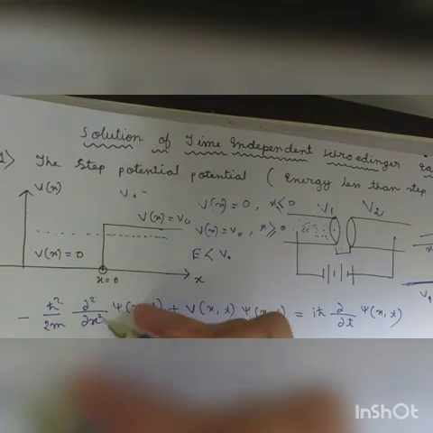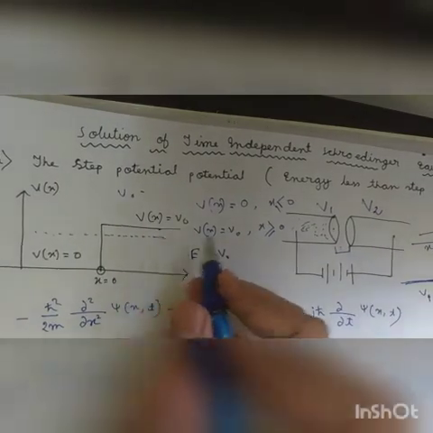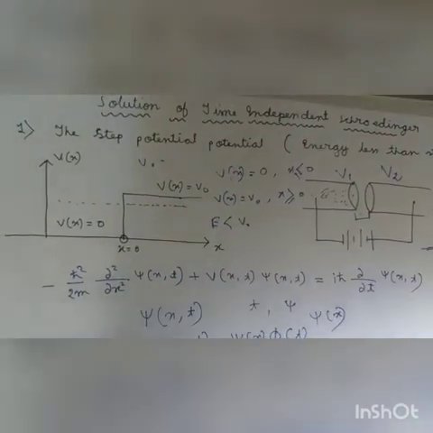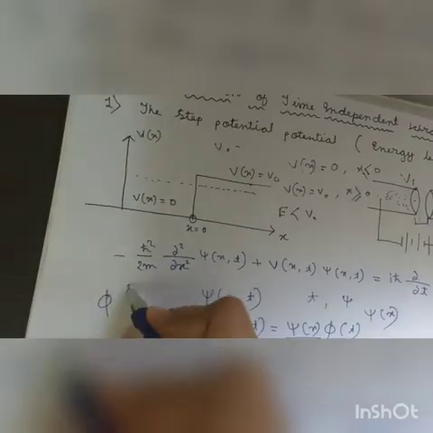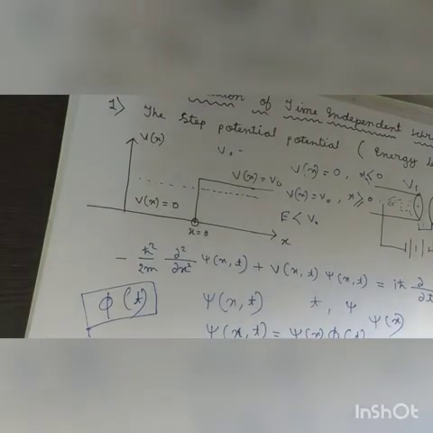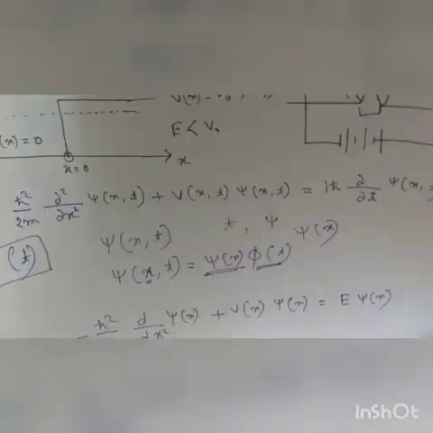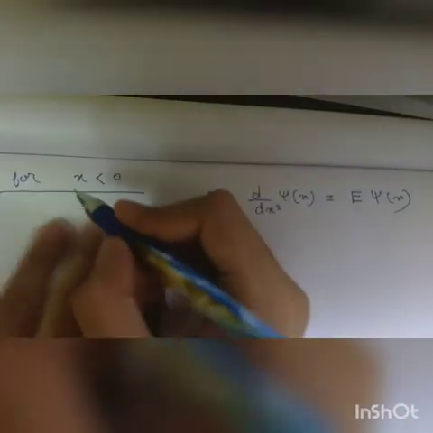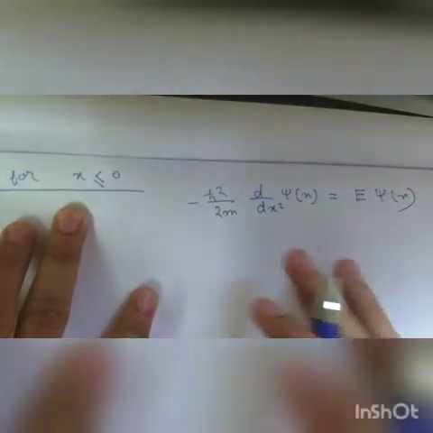To go from the time-independent to the time-dependent Schrodinger equation, we will just have to multiply by some factor, that is phi of t. That is some other story, but first of all we would like to solve the time-independent Schrodinger equation. Again there are two cases, the first one is x less than or equal to 0.